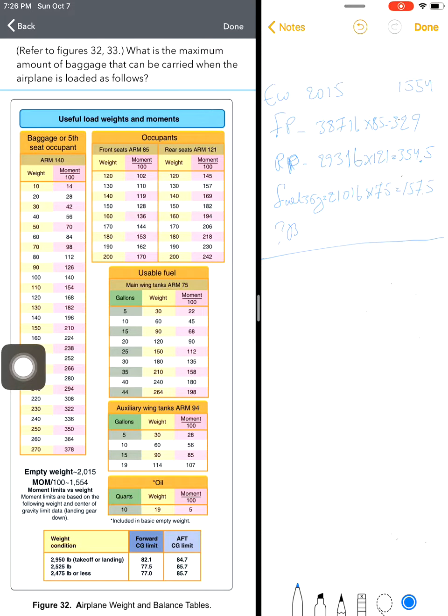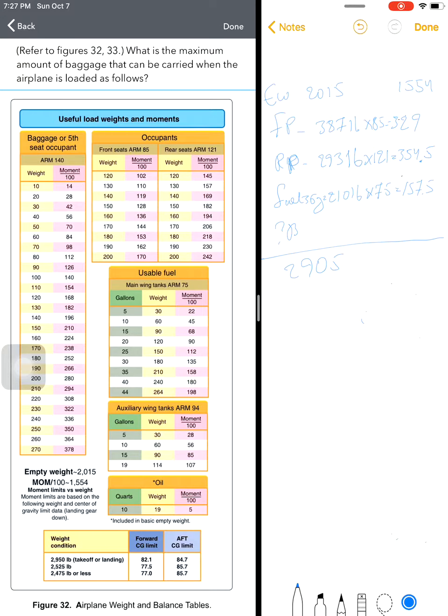Alright, let's first add all the weight right quick. 2015 plus 387 plus 293 plus 210 equals, the total weight is 2905.